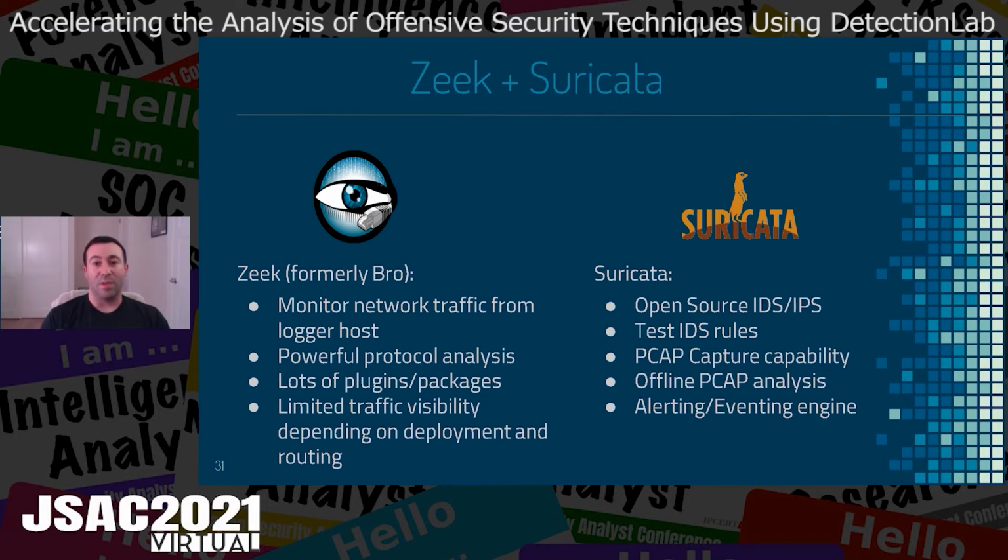Zeek provides deep introspection into network data, while Suricata is a successor or alternative, depending on who you ask, to Snort. Suricata has the ability to capture and analyze PCAPs, in addition to having an intrusion detection signature-based rules engine.